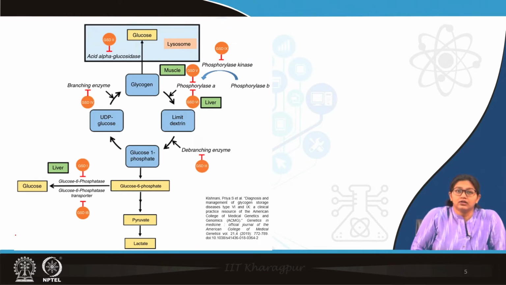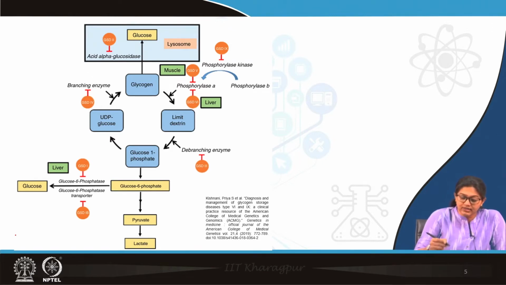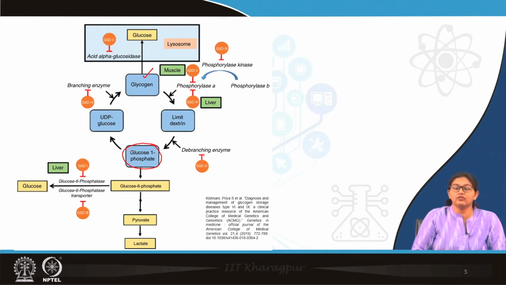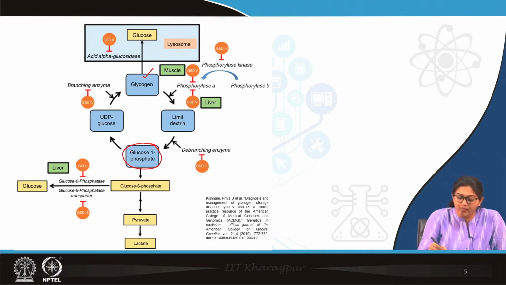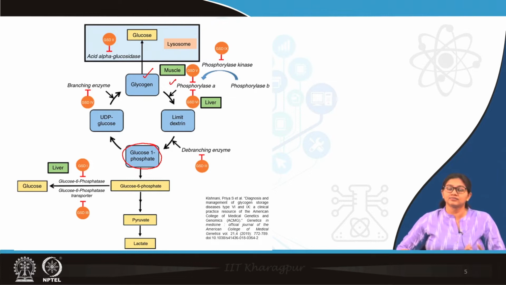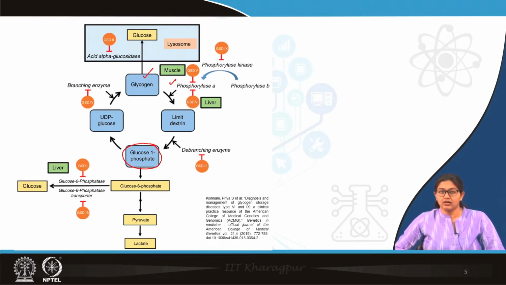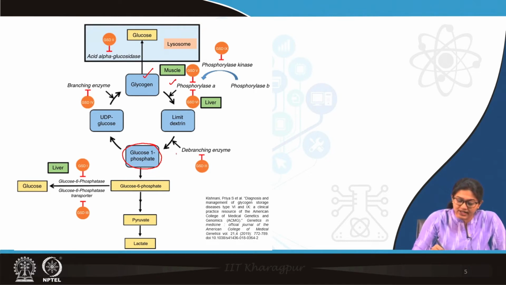So, first, if you remember, glycogen was forming glucose 1-phosphate, and in between there was limit dextrin, which was formed with the help of phosphorylase. Phosphorylase is present either in muscle or in liver. Now, limit dextrin to glucose 1-phosphate is formed by the debranching enzyme.